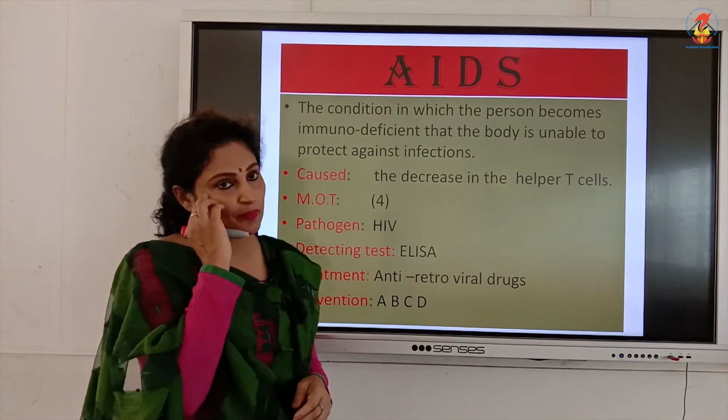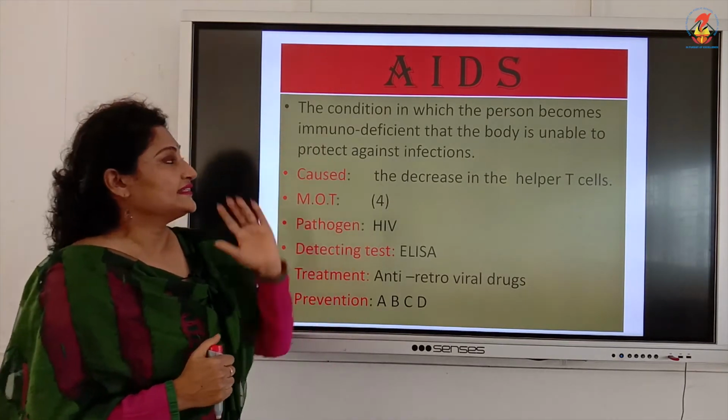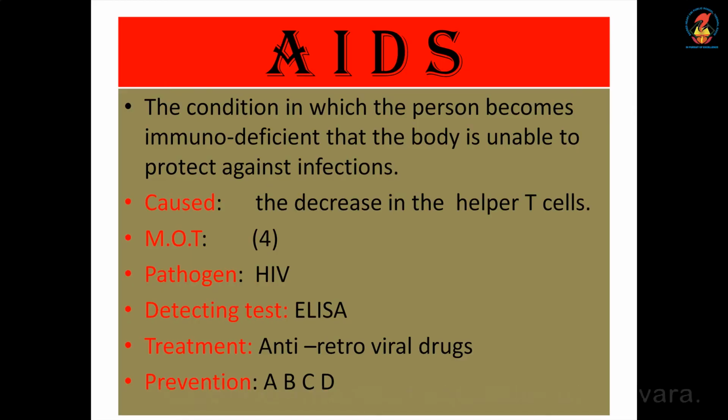Next we have the popular immune disorder, AIDS. It's acquired immunodeficiency syndrome. And what is this condition? It's a condition in which the person becomes immunodeficient in such a way that the body is unable to defend itself against disease.